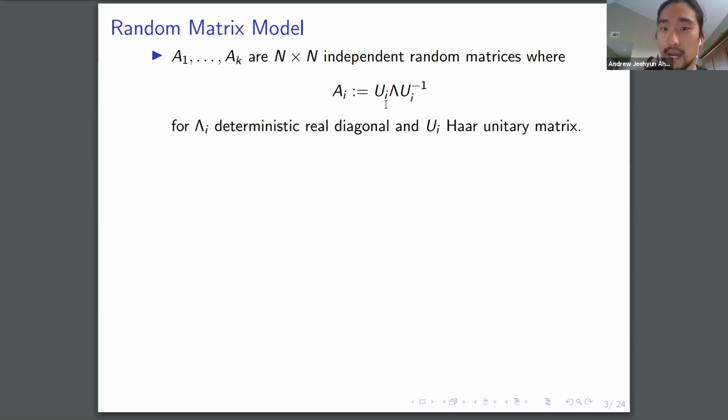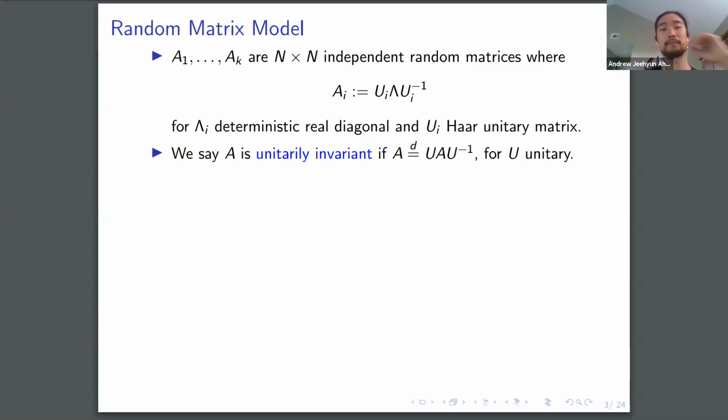So these will be the eigenvalues of the A sub i's. And we want to conjugate by a Haar unitary matrix U sub i. So in other words, these A sub i's are random Hermitian matrices that have deterministic eigenvalues determined by the diagonal entries of lambda. And the eigenvectors are positioned sort of generically.